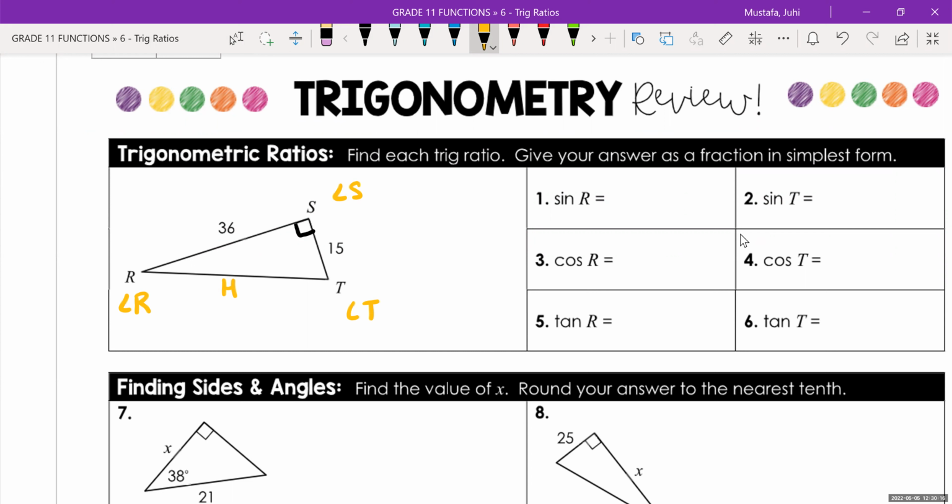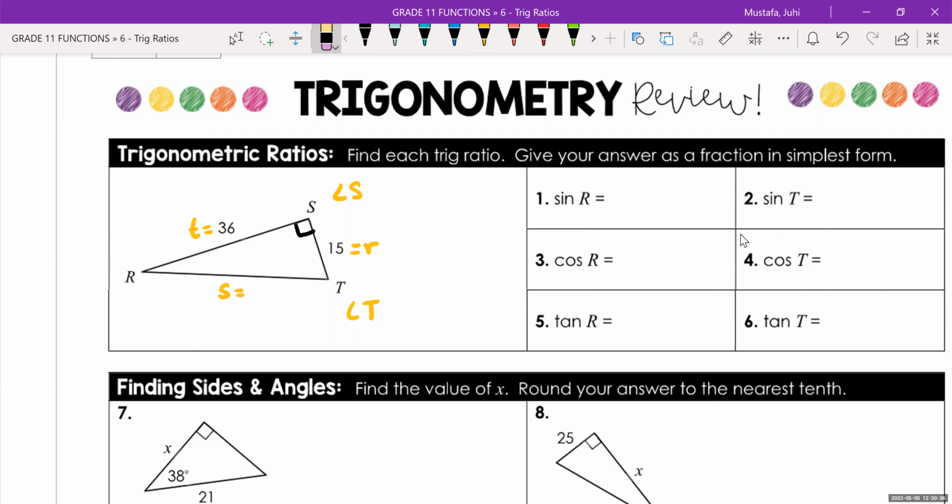So across from angle R is side length R, which is just going to be shown by a little letter. Across from angle T is side length T. And across from angle S, which is 90 degrees, is side length S.